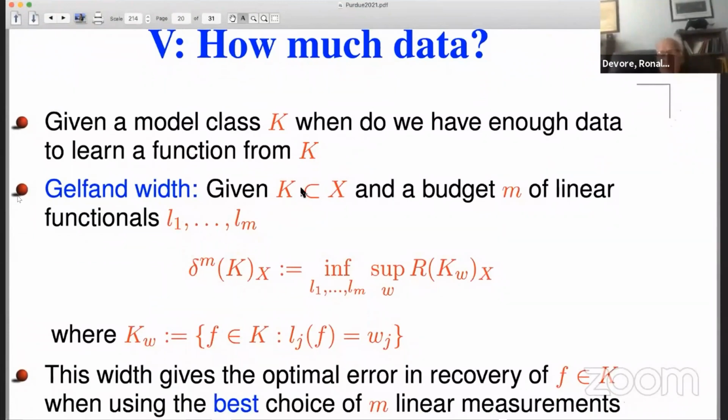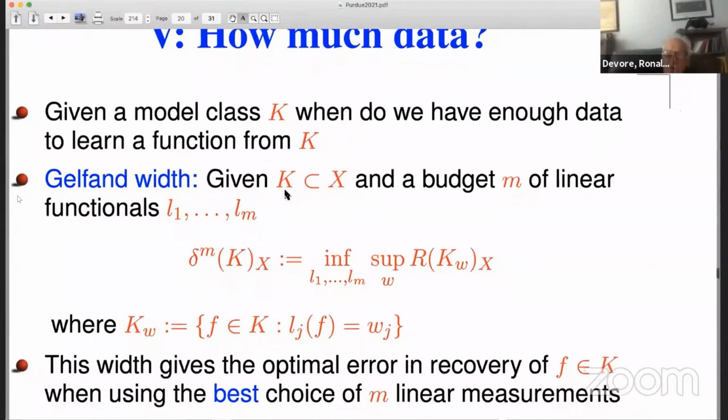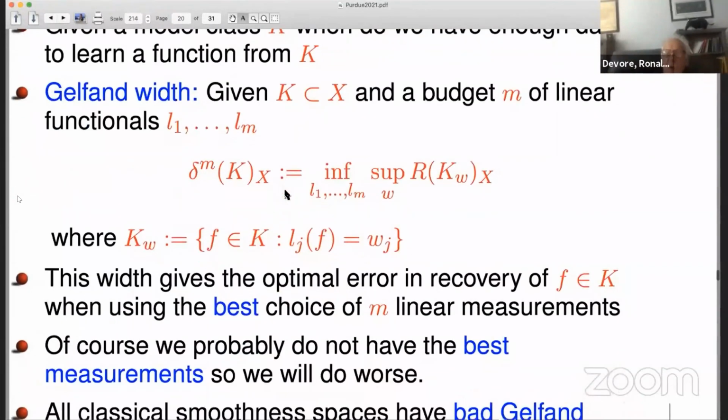But to a mathematician, we would ask, do we have enough data? If we have our model class and we're given m pieces of information, how well can we recover a function f in this model class from these m pieces of information? The bigger that m is, the better we can do, in general.